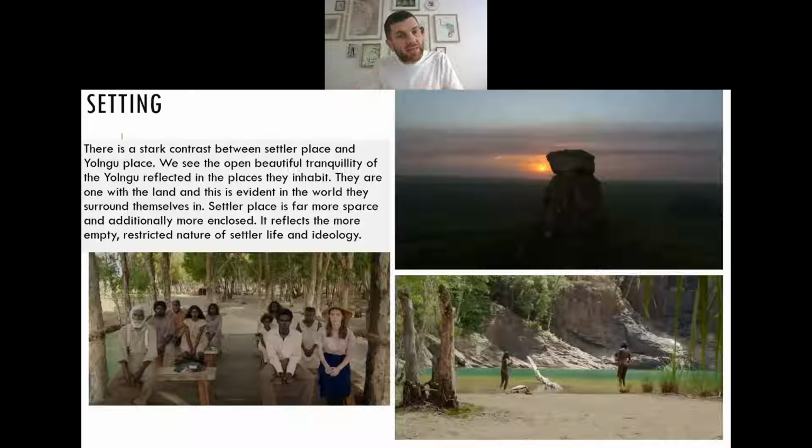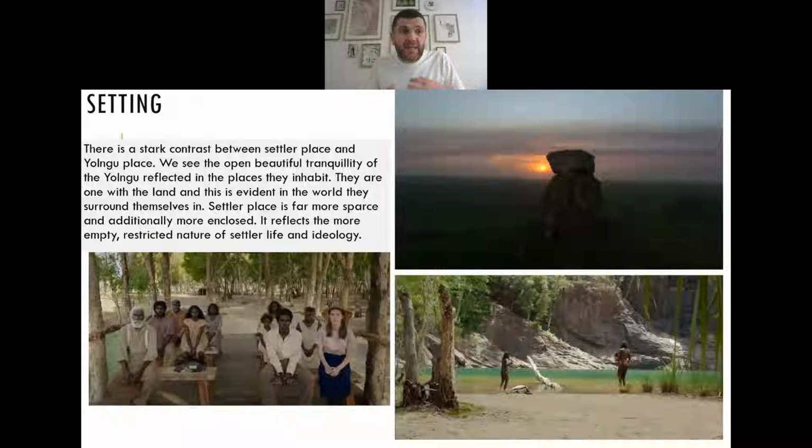This is contrasted when we have a look at settler place. Often settler places are confined. Often they're enclosed. And there's a more sparse nature to them. There's a lack of beauty. We see large portions of land which are cleared by the settlers. So when we're talking about setting, we can really draw this distinction between the two places.